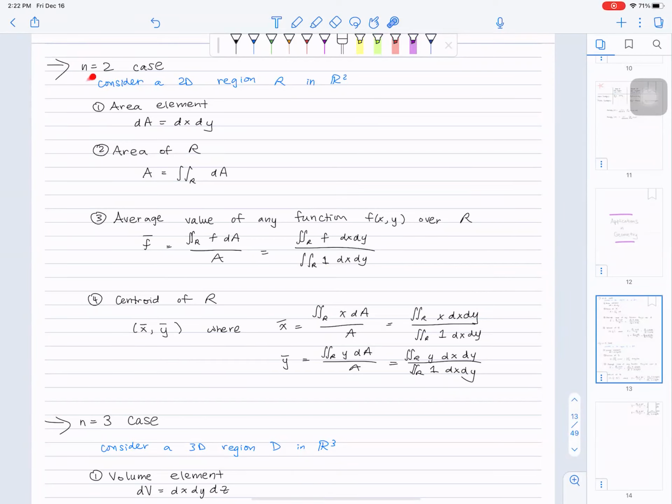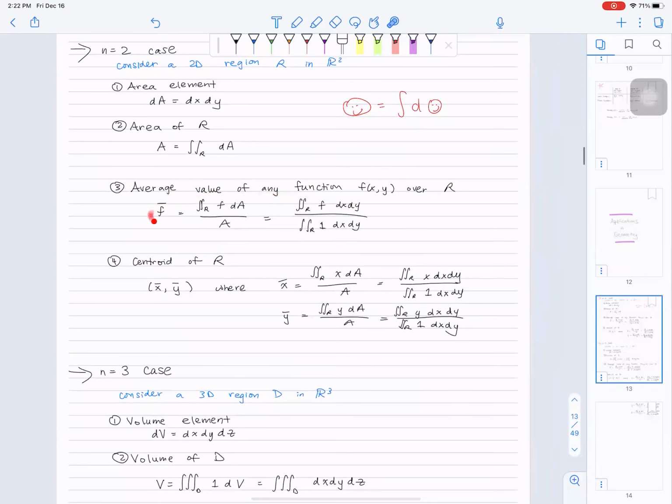For the n equals 2 case, we always have an area element, dA is dx dy. And then area is always the integral of the area element. That brings us to the smiley face equals the smiley face idea again. To find anything, we always integrate the element of that thing. So area is the integral of the area element.